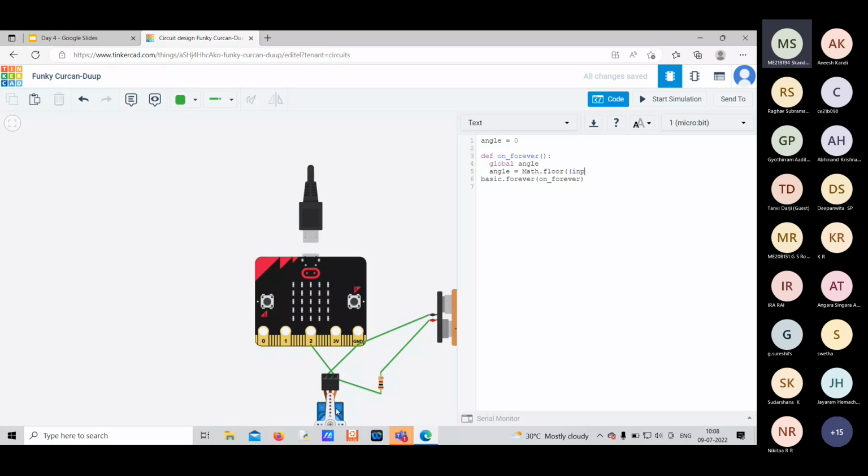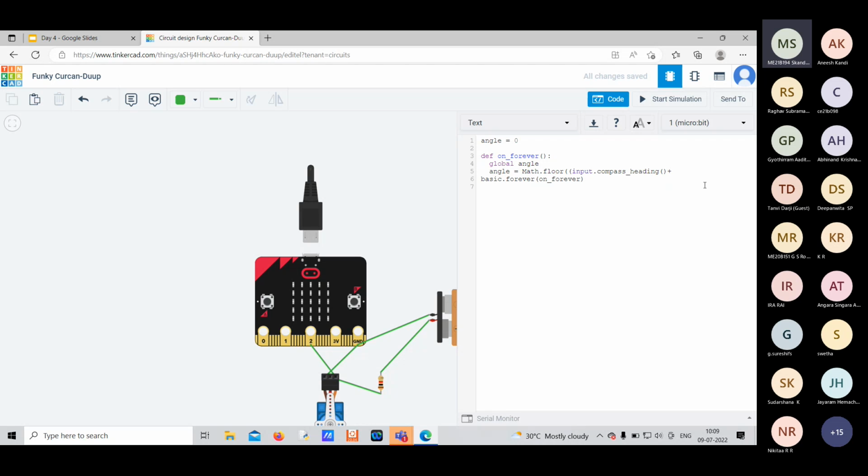Again, this function input compass underscore heading shows the direction in which your microbit controller board is pointing, and takes that angle to the reference direction and gives that as output to our function in the programming language.